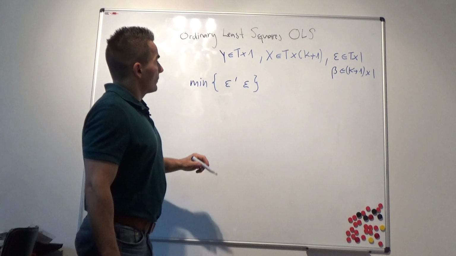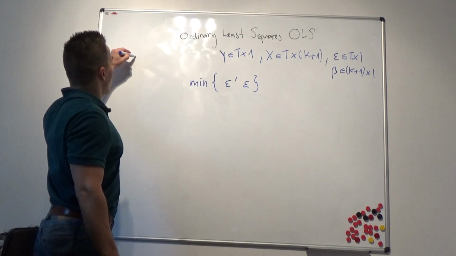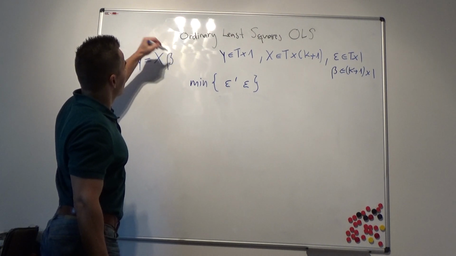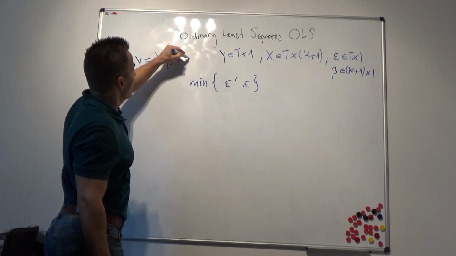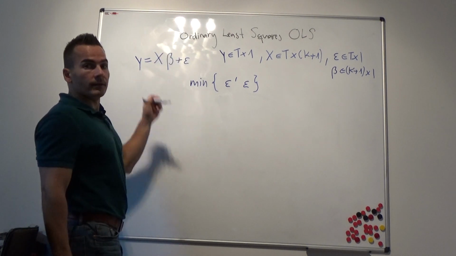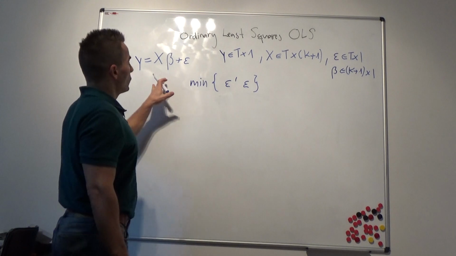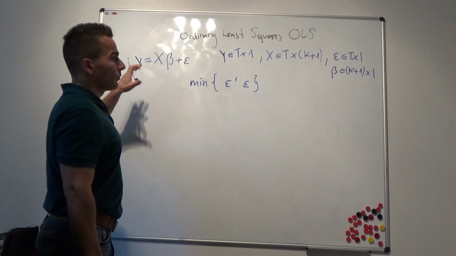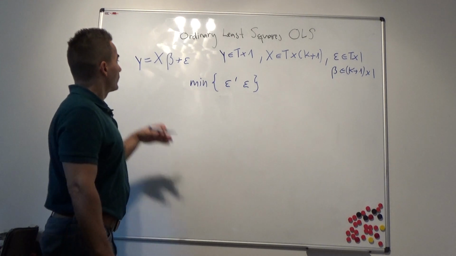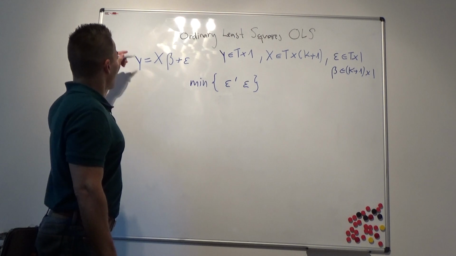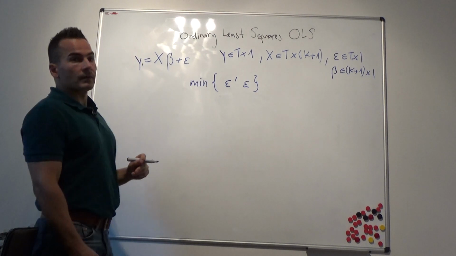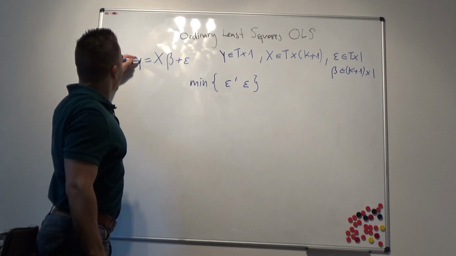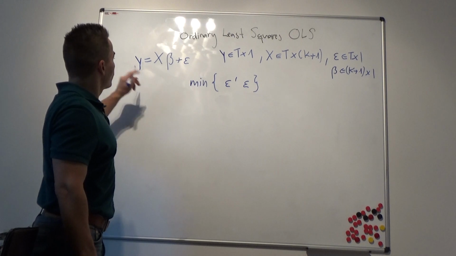Knowing that our model is defined as y is equal to X times beta plus epsilon. So that's our linear model, how we defined it. And we know now our y vector, that's a portfolio of stocks, or it can be different stocks, so it depends. I will now skip the subscript i here. So we have just one vector, y.